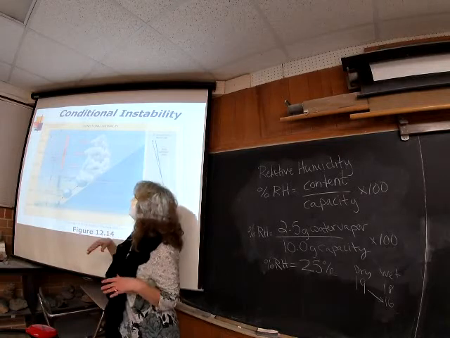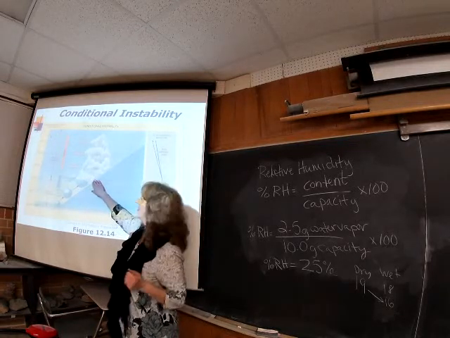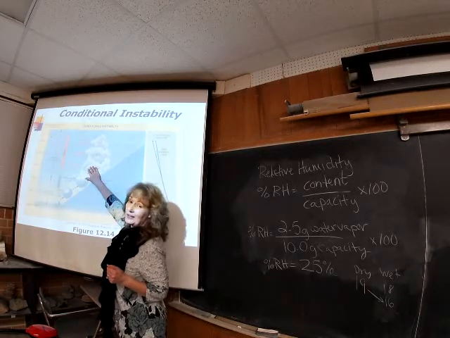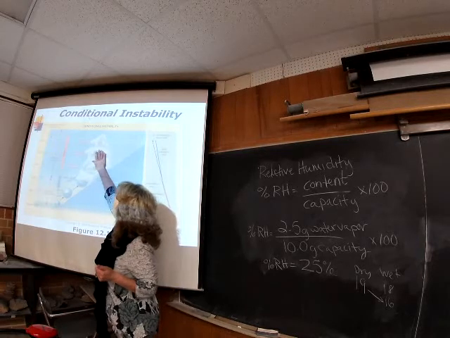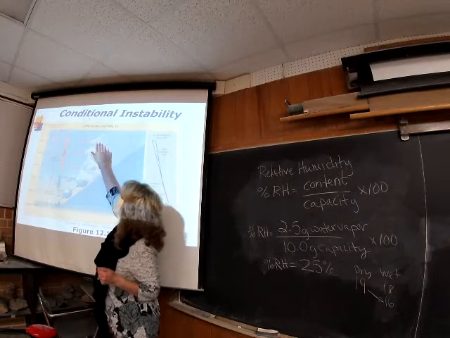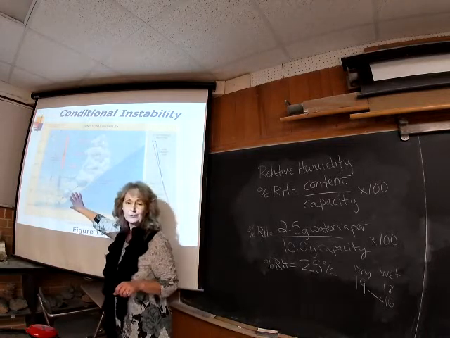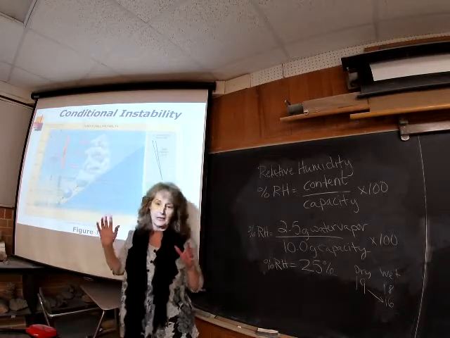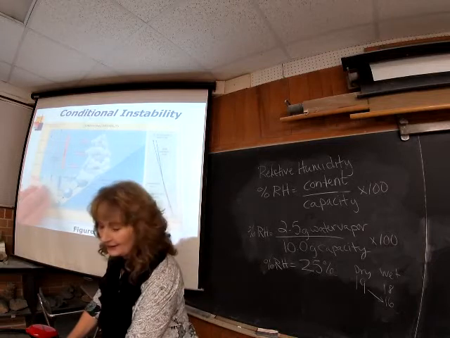But up here it reaches that condensation level, it becomes saturated now, and so now the rising air is warmer than the atmosphere, and continues to be warmer, about 4 degrees warmer. Here we're 7 degrees warmer. So it was stable for unsaturated air, and it became unstable with saturated air. So that's a conditional instability scenario.